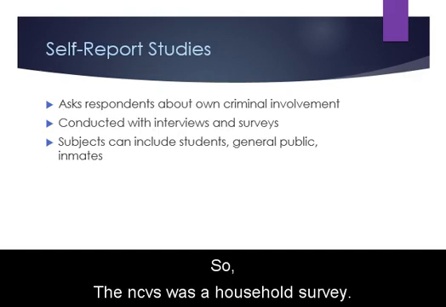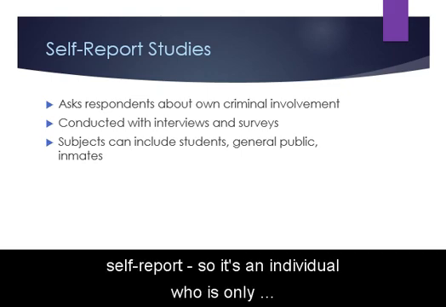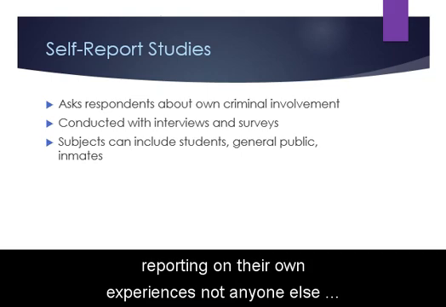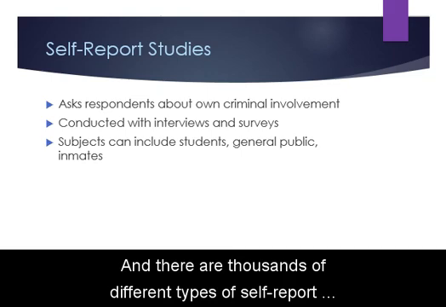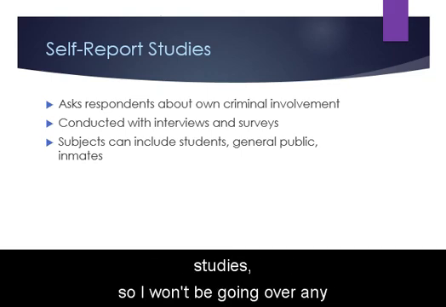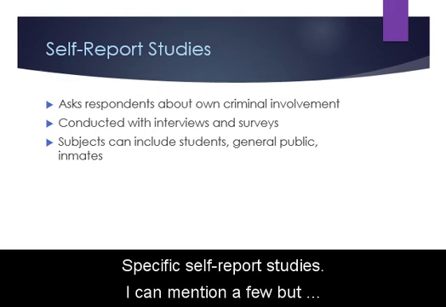So the NCVS was a household survey, and there are other types of surveys that are just self-report, so it's an individual who is only reporting on their own experiences, not anyone else that they may know. And there are thousands of different types of self-report studies, so I won't be going over any details on specific self-report studies.